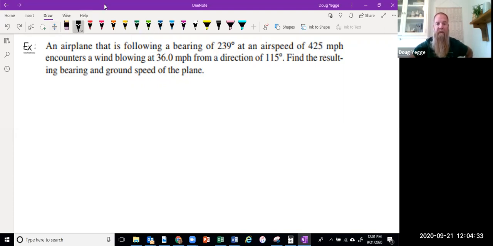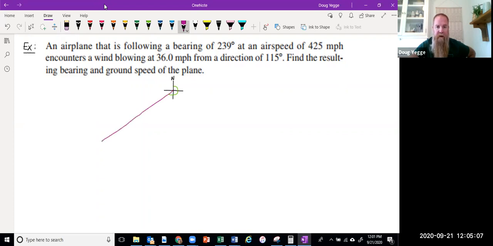But first of all, it says that an airplane is following a bearing of 239 degrees. So the first thing to recognize is that in order to go at an angle of 239 degrees, or a bearing, we need to remember that bearing is always pointing from north and rotating clockwise. So that's a bearing of 90 degrees, 180 degrees, and a little bit more. So notice that this bearing is actually going to be pointing in this direction.